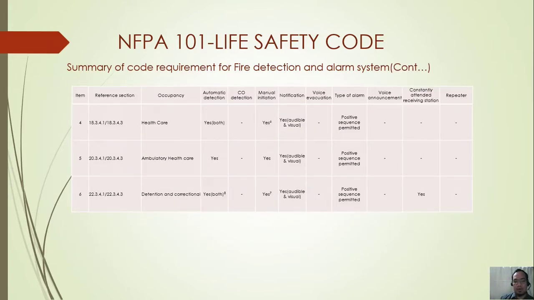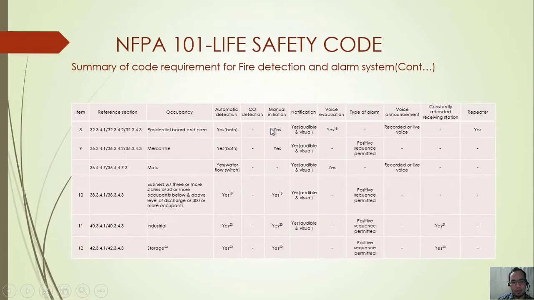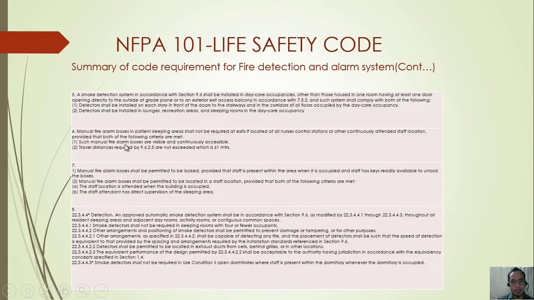Let's go now to note 6. For 6, it's under healthcare, under manual initiation again. So let's see what the note is there for manual pull stations for healthcare. Note 6 says that manual fire alarm boxes in patient sleeping areas shall not be required at exits if located at all nurses control stations or other continuously attended staff locations, provided that both of the following, meaning both.